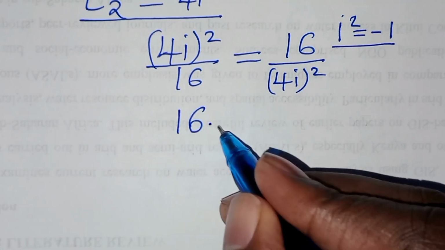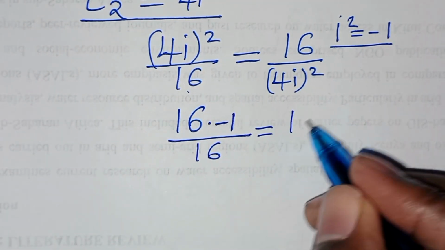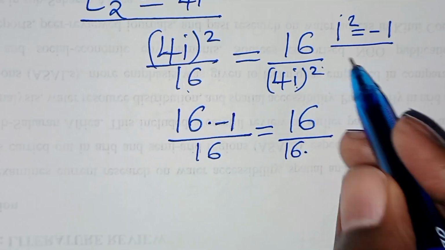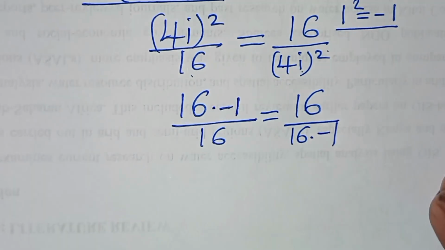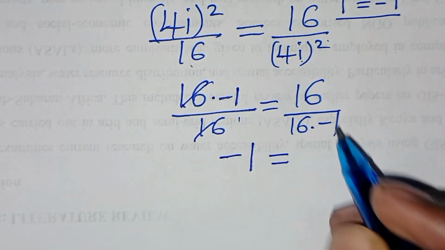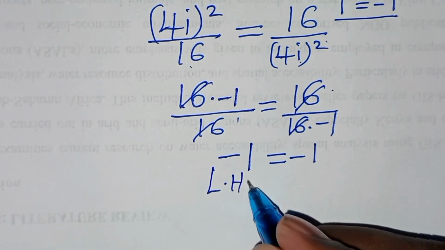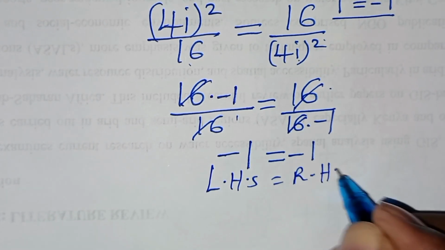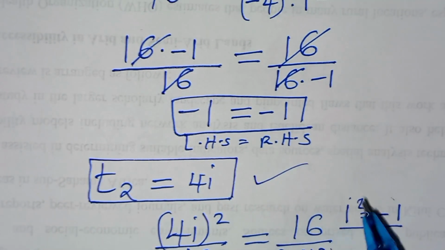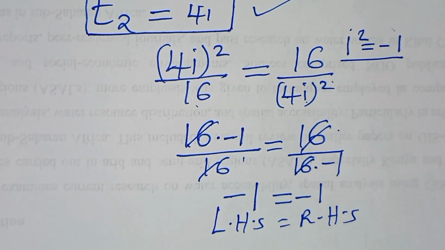So 16 times minus 1 divided by 16 is equal to 16 divided by 16 times i squared, which is minus 1. If you simplify by 16 by 16, this is minus 1, which is equal to 1 divided by minus 1, which is minus 1. So the left hand side is equal to the right hand side. So this implies that t2, which is 4i, satisfies the equation.